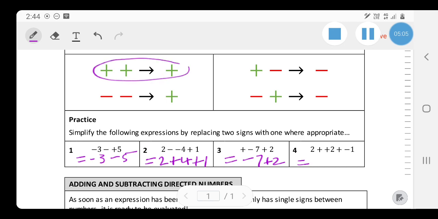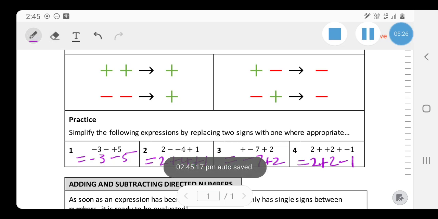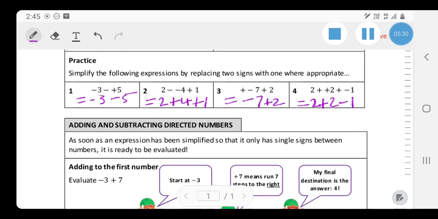Well, plus plus becomes a single plus, so we get 2 plus 2, and then our plus minus becomes a single minus. 2 plus 2 minus 1. Okay? So it's a straightforward process to follow, even if you don't fully understand the maths of what's going on yet. But that will come.